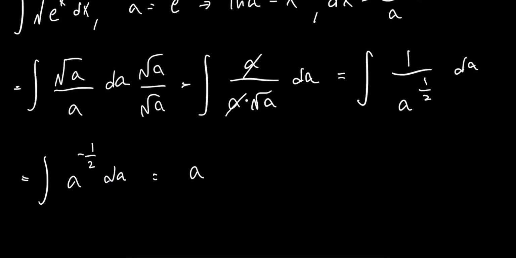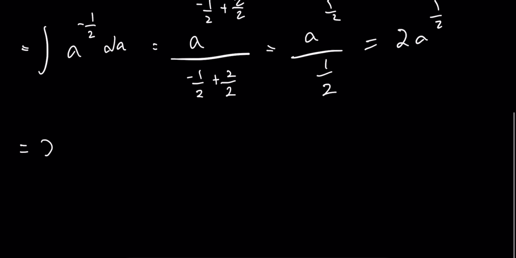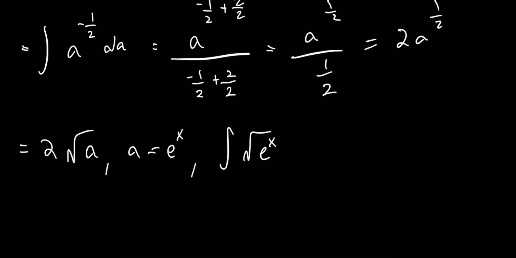So this is going to be a to the negative 1/2 plus 1 divided by negative 1/2 plus 1, which will be a to the 1/2 divided by 1/2, but this simplifies to 2a to the 1/2, which is equal to 2 square root of a, but we said a equals e to the x. So the integral of the square root of e to the x dx is 2 square root of e to the x.